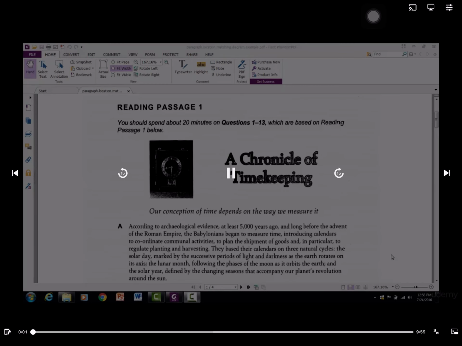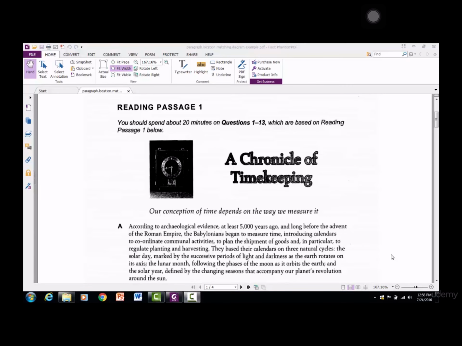Okay, so let's look at another diagram example. For this diagram example, we're looking at a passage from test number 1 from the Cambridge book number 8. If you have the book, you are definitely welcome to work along with me. I suggest you get the books. I think they're great, and you should use them.